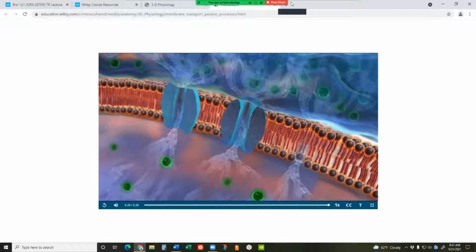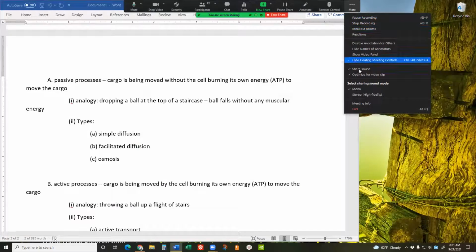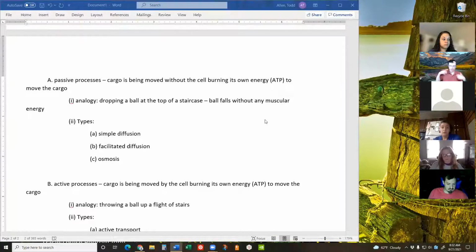Okay, gang. So that does a pretty nice job of summarizing these passive process talking points, but you're going to need to spend some private study time making sure you really get what these things are, right?